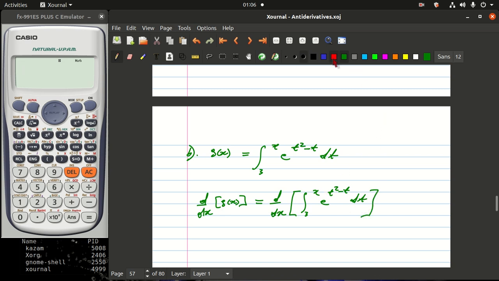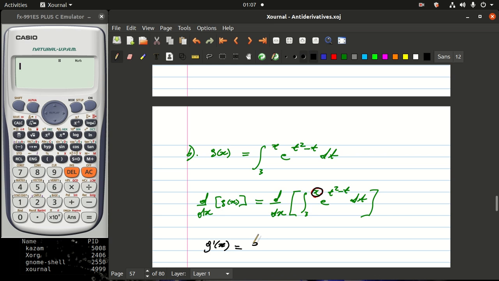What is important here, I want you to realize we have an x there as an upper limit of integration. So on this side we're still going to have g prime of x equal to, and because we have a nice x sitting there, the fundamental theorem of calculus is saying take this x as it is, replace the t, and that is going to be your derivative.